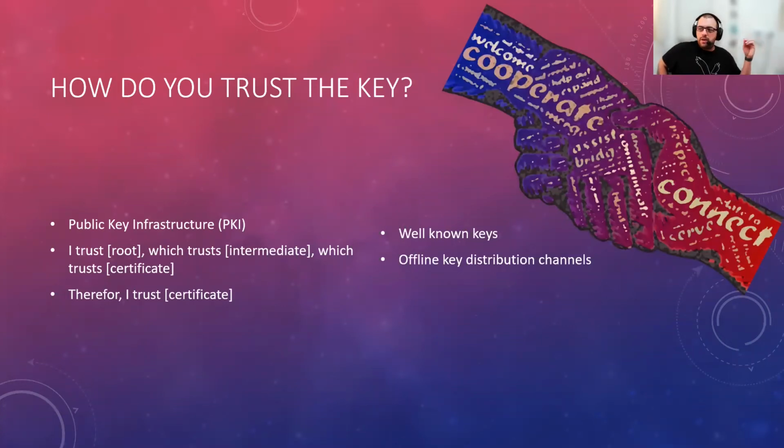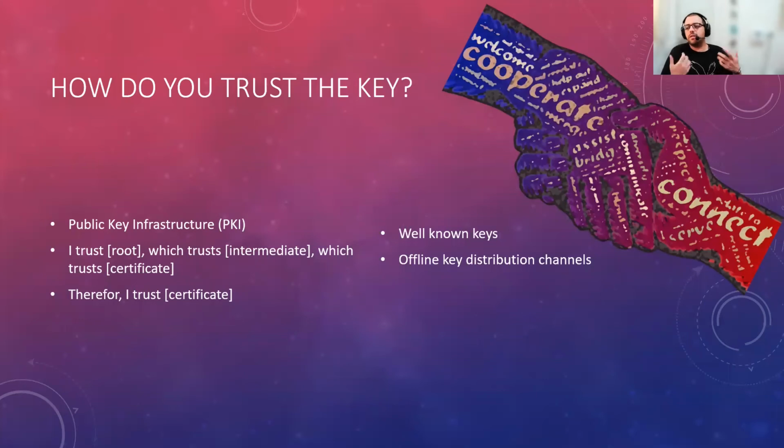For example, a root key that you probably trust is the Let's Encrypt root key. That root key has signed an intermediary certificate, which eventually signed a certificate that was served to you by the browser. So the whole thing is a recursive chain of trust.